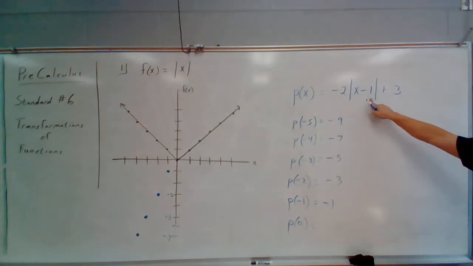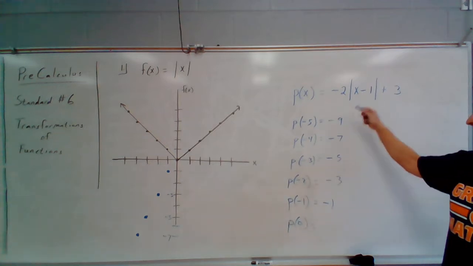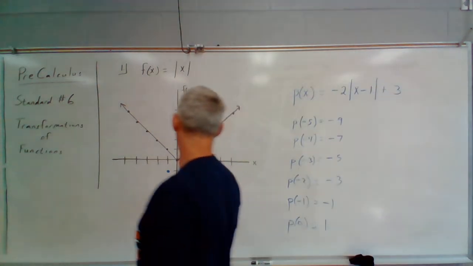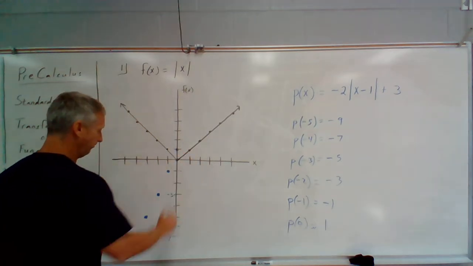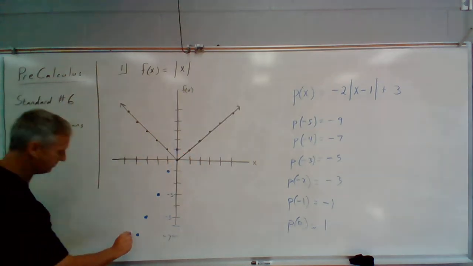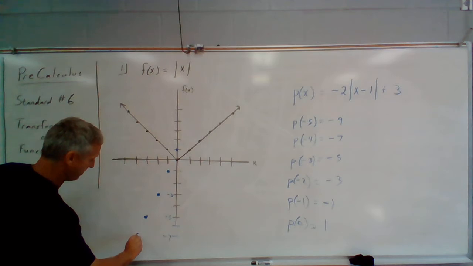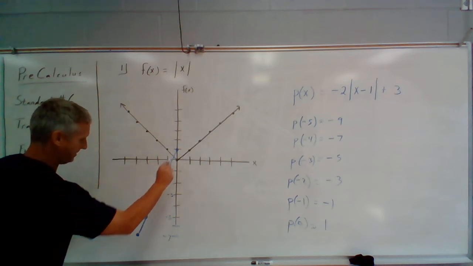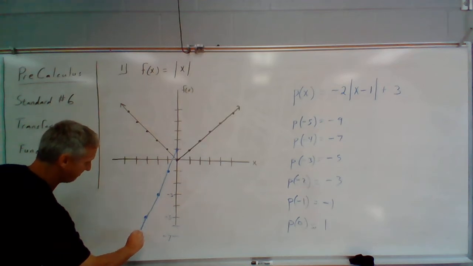Absolute value of -1 is 1. 1 times -2 is -2. -2 plus 3 is 1. So P of 0 would be 1. So notice I'm going up 2 every time, so I got a straight line. Straight line looks like that, or as straight as I can make it.